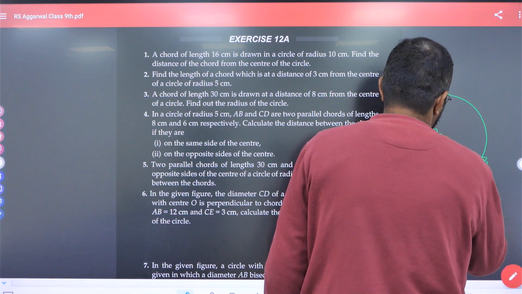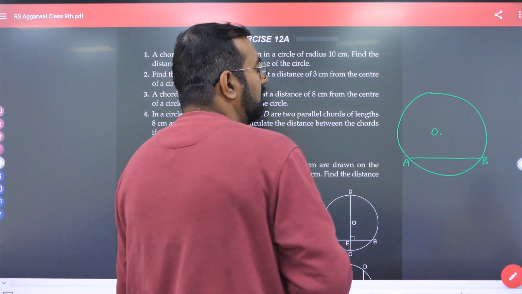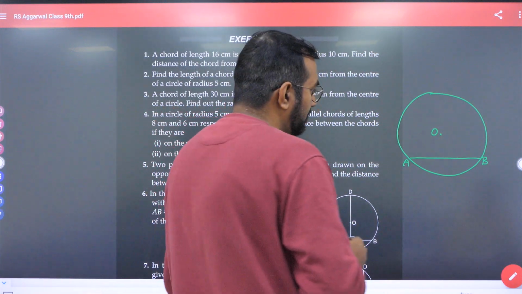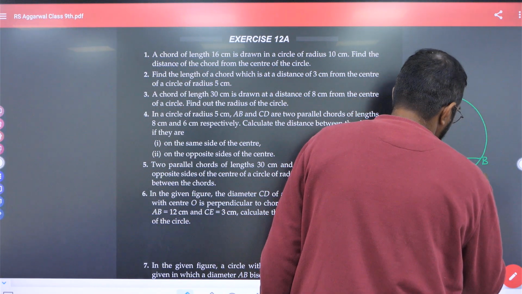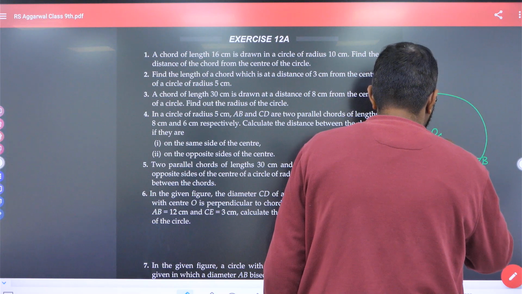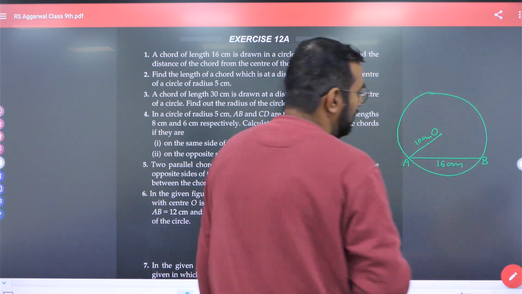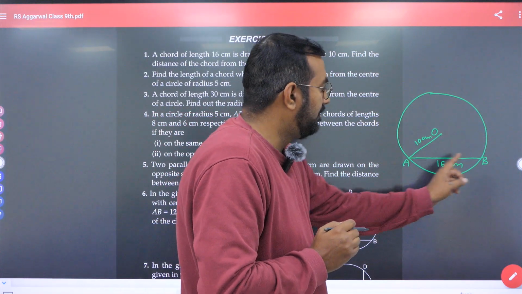Center is O. And the length of the radius is 10 cm. It is given that the chord is 16 cm, so we can write this as 16 cm. And the radius is 10 cm, so this one is the 10 cm, right? And what is it asking for? It is asking for the distance of AB from O.